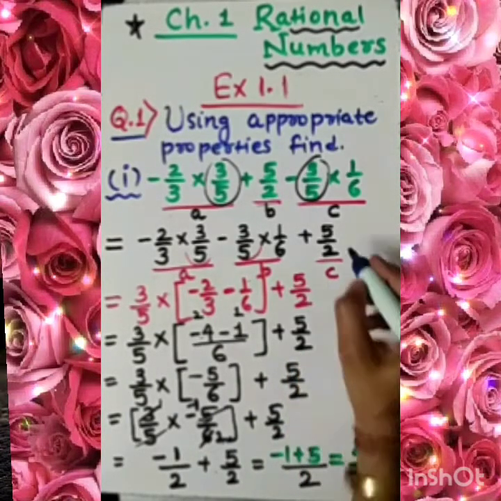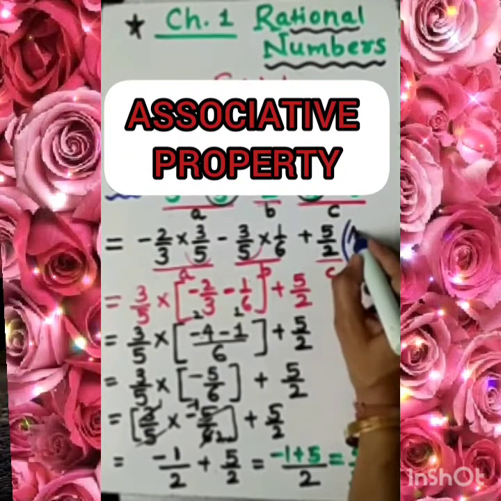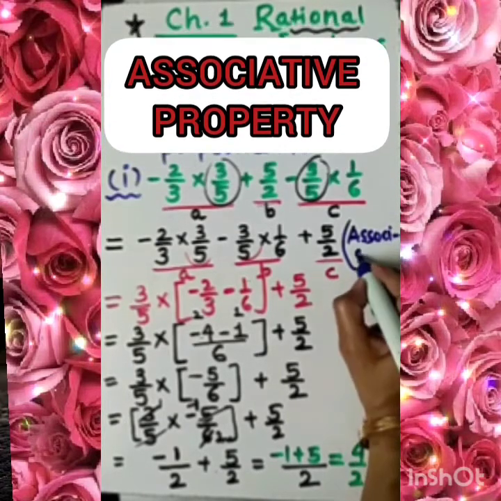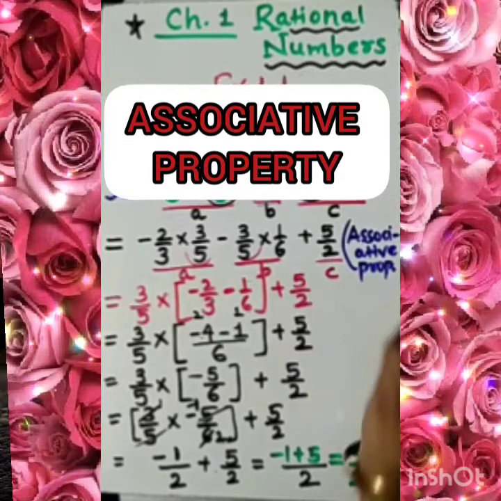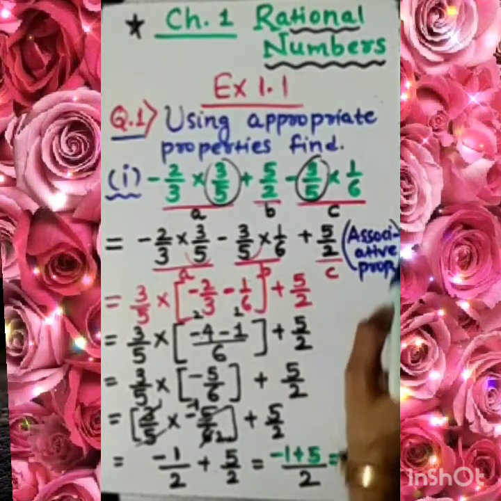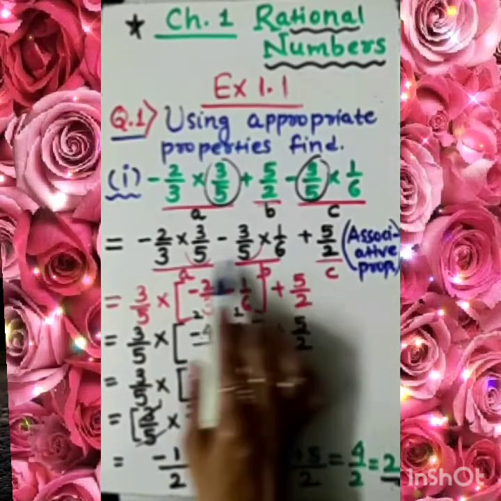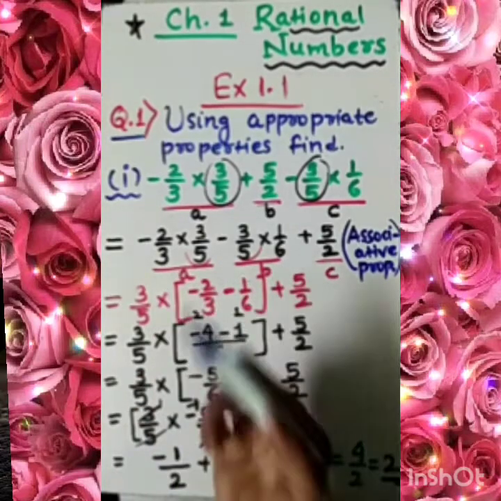Fine. So in front of this step, it's compulsory to mention associative property. Okay, this is called associative property in a bracket. Clear to you? We need to mention it in front of this because we are making a grouping, and after grouping we have the associative property.